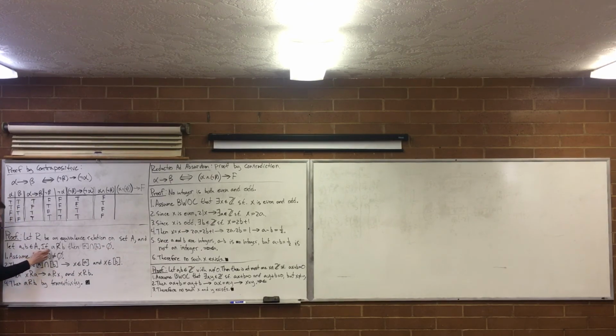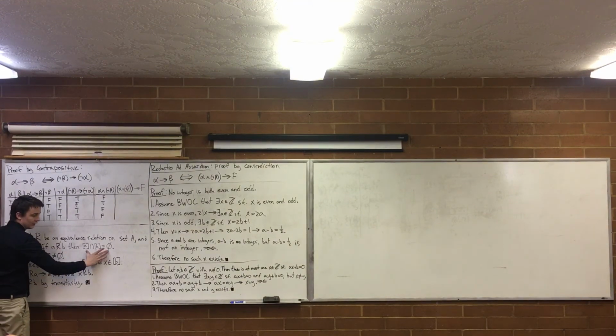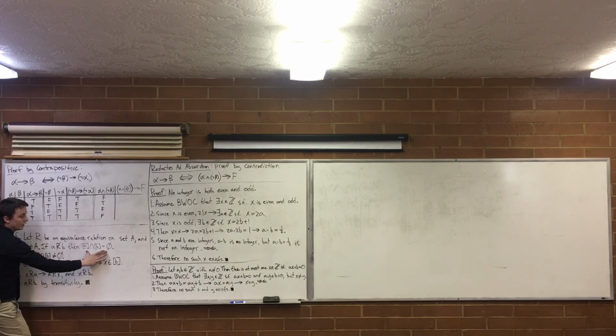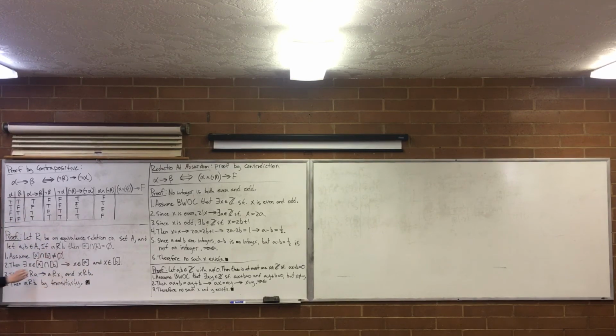So what's the contrapositive of: if a is not related to b, then this intersection is empty. Here's your alpha, here's your beta. If alpha, then beta, we're going to show that not beta implies not alpha. So we're going to assume not beta, assume the intersection of the classes of a and b is not the empty set, and we're going to show that that implies not alpha, or a is related to b.